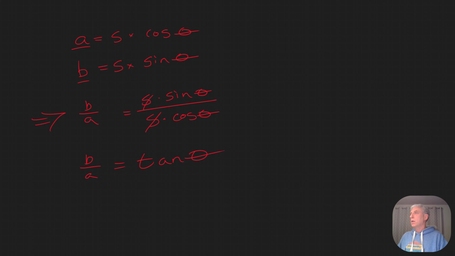And then take the arctan of both sides, so tan inverse of B over A is equal to theta. Now, whenever we do an arctangent, we always have to adjust for quadrant, but in this case, we don't have to worry about it because the rotation angle is never going to be more than 90 degrees. So it's just that theta.